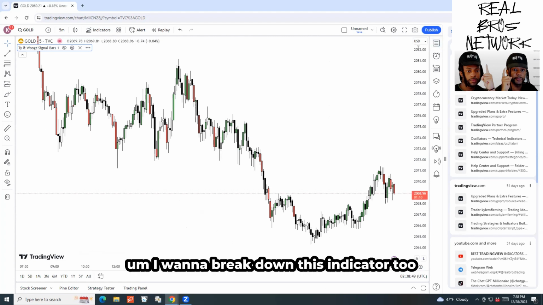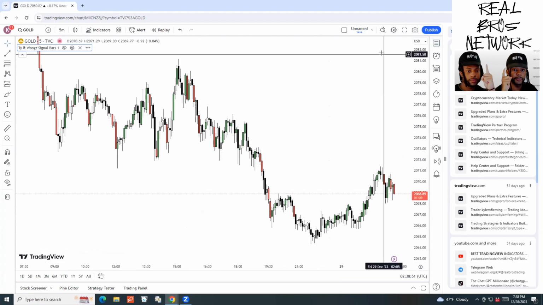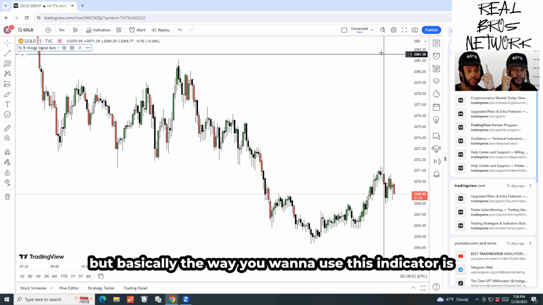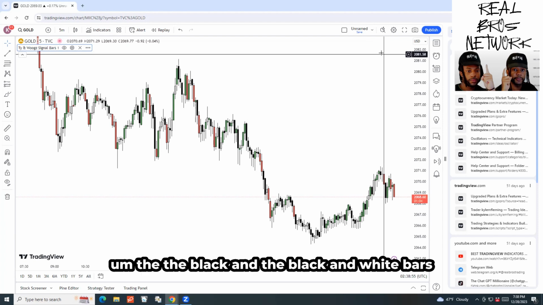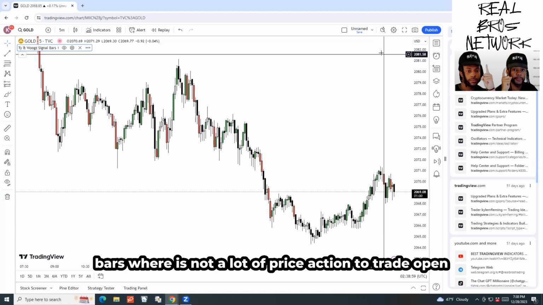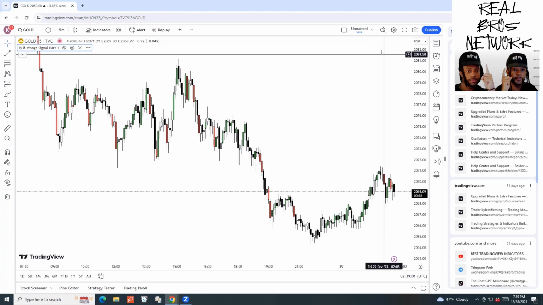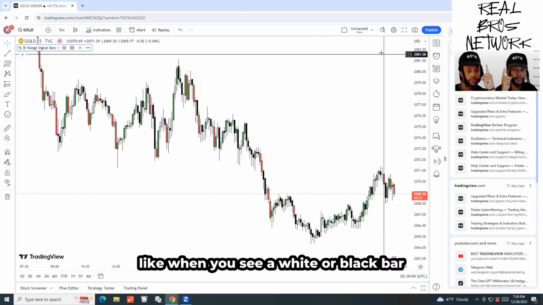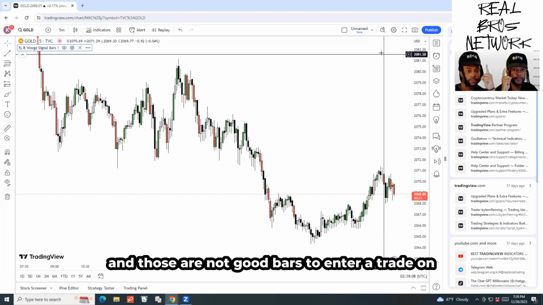I want to break down this indicator too. Basically, the way you want to use this indicator is: the black and white bars represent bars where there's not a lot of price action to trade off of. So those bars I consider trading range bars. When you see a white or black bar, the price is indecisive, and those are not good bars to enter a trade on.